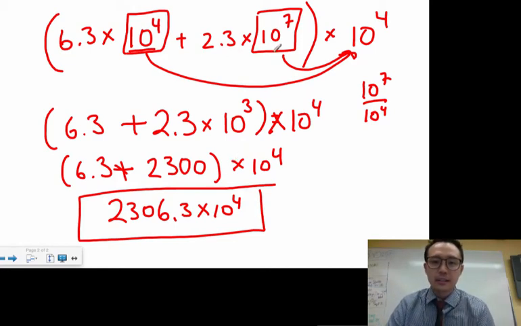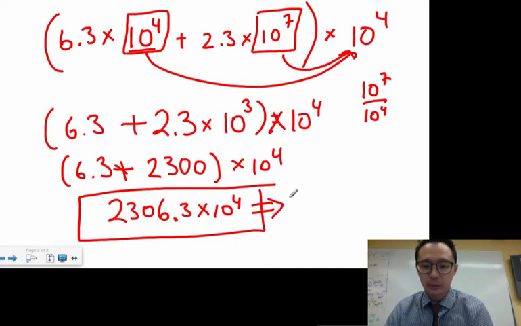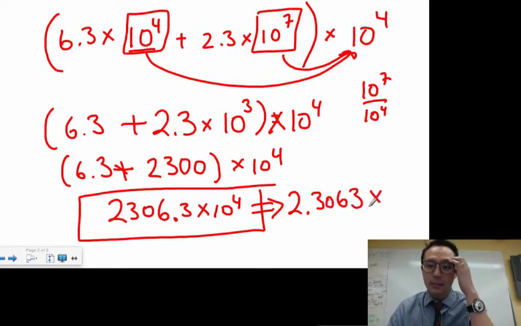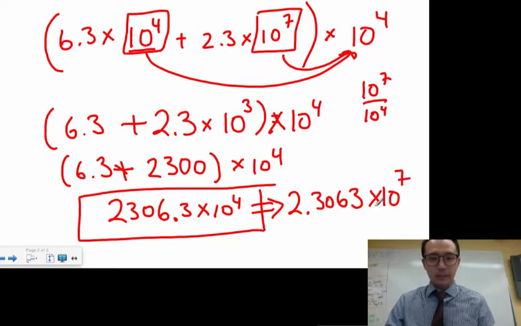Notice that this one is times 10 to the 7. It's a pretty big number. But once you add this in, you can still see that it is times 10 to the 7 once we move the decimal place over. If we want to change that, move the decimal place after the 2, so it'll be 2.3063 times 10 to the power of 7.